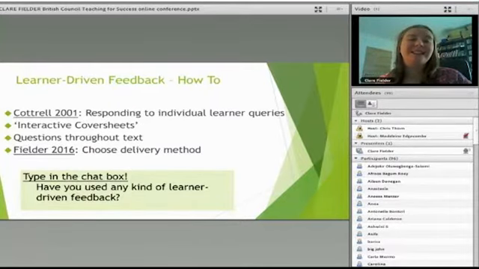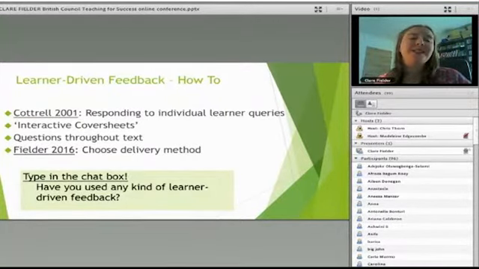In a recent study that I did, I combined this request for feedback on certain aspects of the text with allowing students to request a specific delivery mode, so they could also choose to have an email or an audio recording or whatever, and I put those two together.